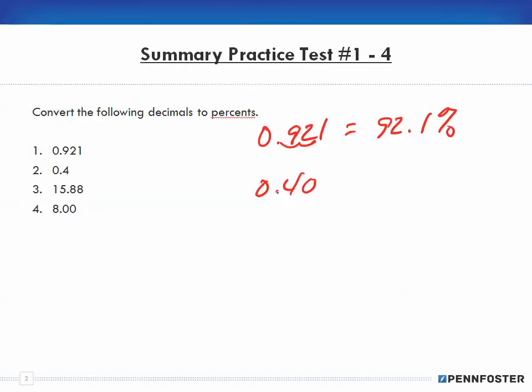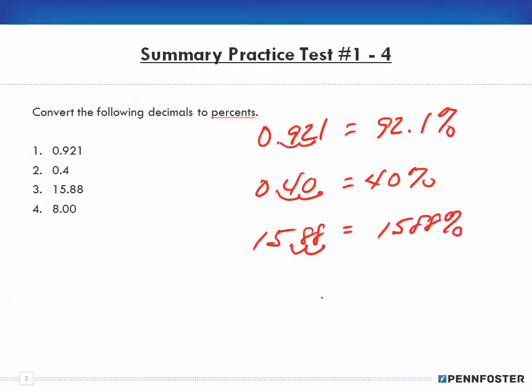Same with number 2, 0.4. Add an extra 0, move the decimal to the right 2 places. So I end up with 40%. 15.88, move the decimal to the right 2 places, I end up with 1,588%.